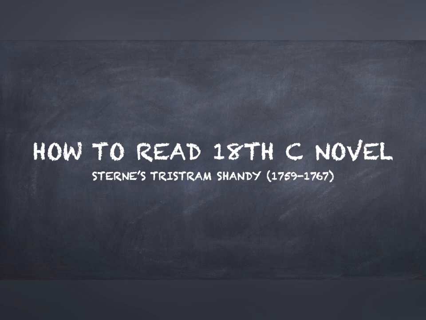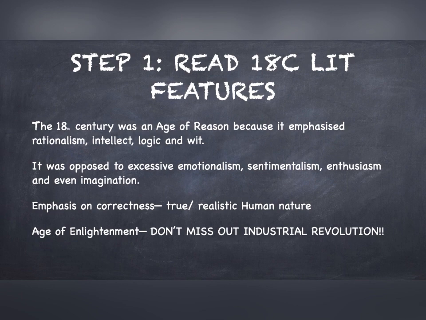Then we need to say the age of reason, because this particular era was comprised of the age of reason, the age of enlightenment, and it emphasized more on rationalism, intellect, logic, wit, rather than stressing upon emotionalism or sentimentalism or enthusiasm or even imagination. So it emphasized more on correctness, the true and realistic human nature.